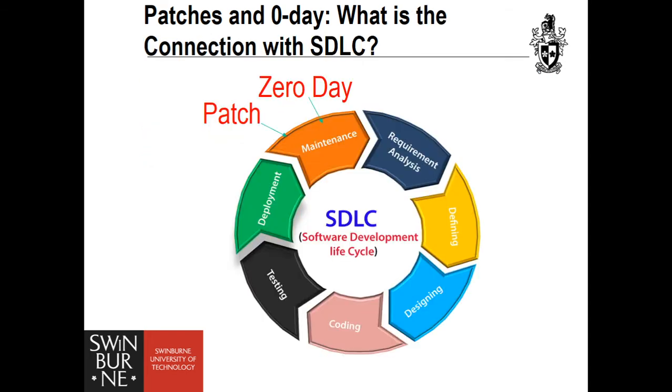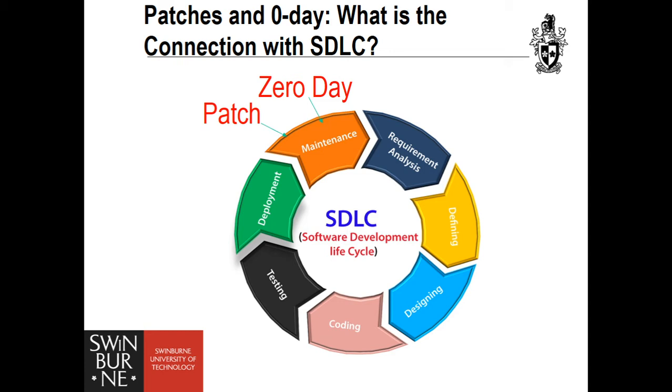What is the connection between patches and 0 day in SDLC? As we will learn in software engineering, if you want to build a specific software, we need to have steps in order to build it. The steps we call SDLC, Software Development Lifecycle.